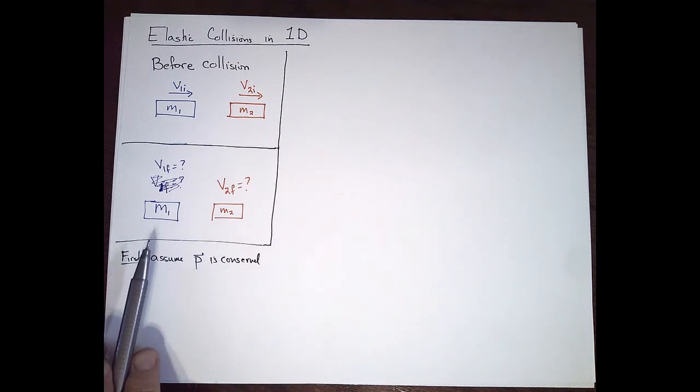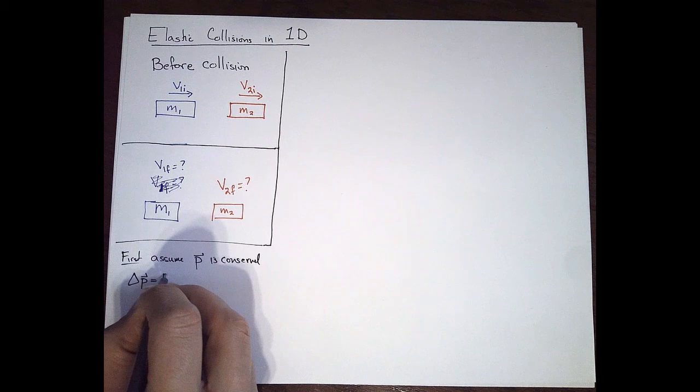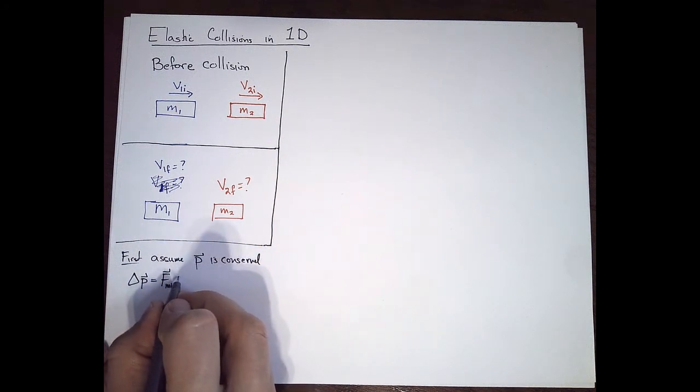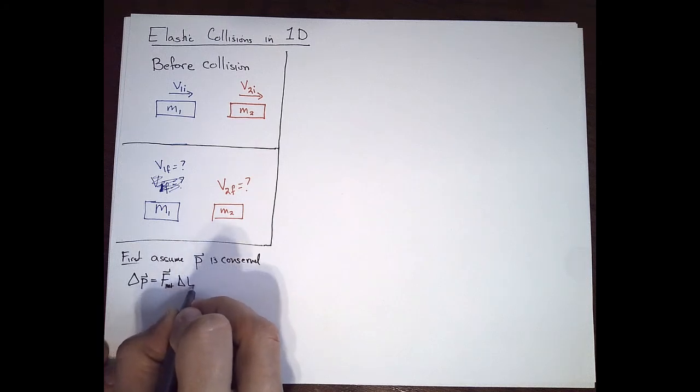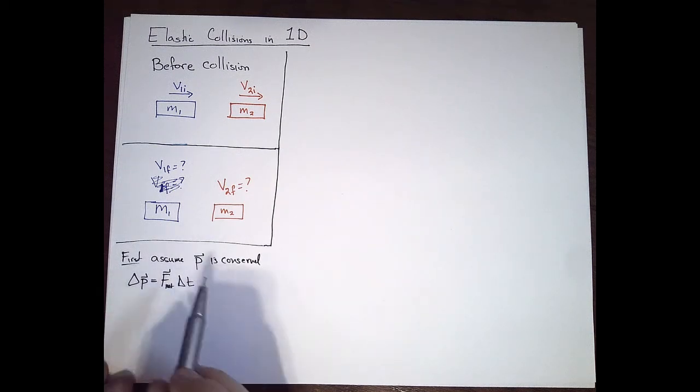Maybe we can even do a little bit of our cheat way of doing this, which is to say the change in momentum is the impulse, which is equal to the net force, or the average force, times the time over which that force acts. So if we don't really have that the net force is equal to 0, we can look right before the collision and right after the collision and make this delta t as small as possible. So we're doing one of those things.